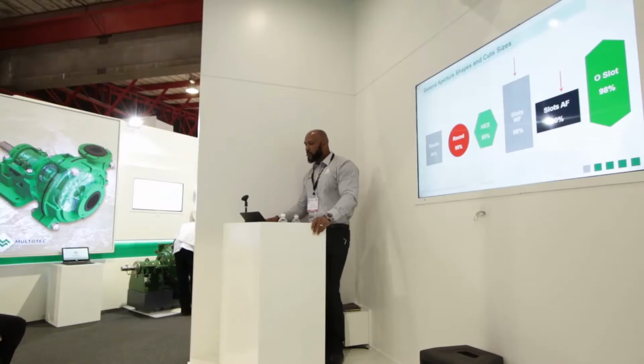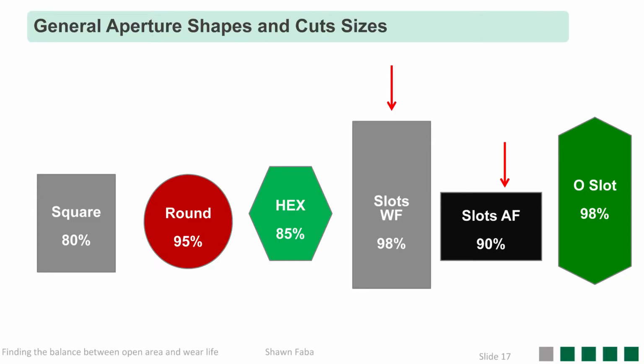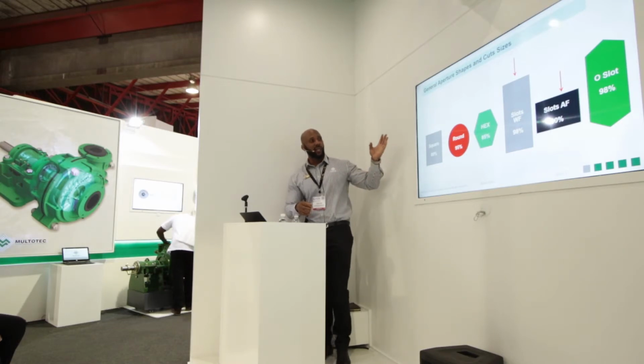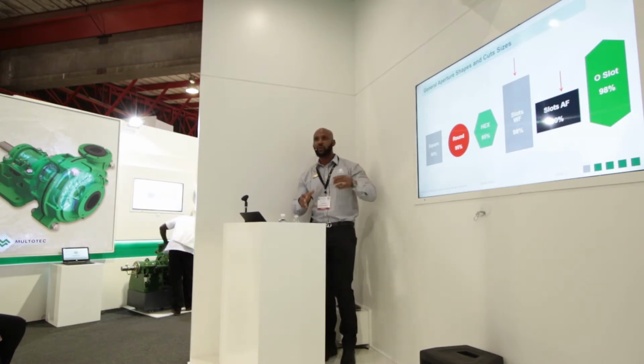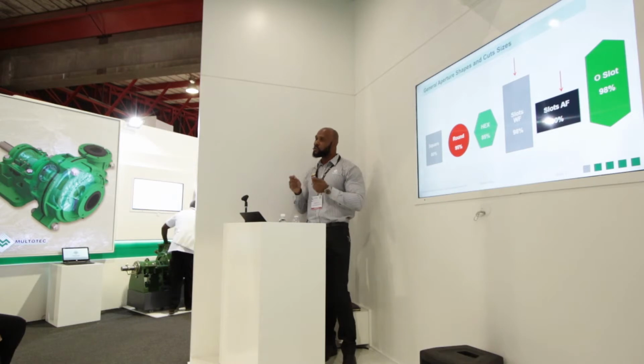This is what I deem by far the most critical part of this presentation. Often the selection of the aperture shape is overlooked, and the science behind it has a great deal to do with how it affects your downstream processes as far as screening optimization is concerned. For example, a square aperture would cut at, say, 80%, and the condition for that particular square aperture would change when you suddenly incline your screen.